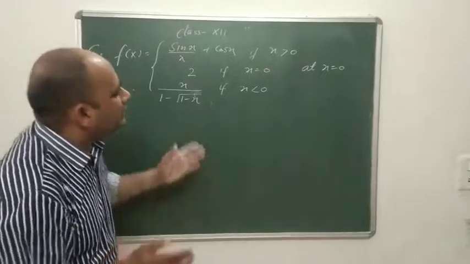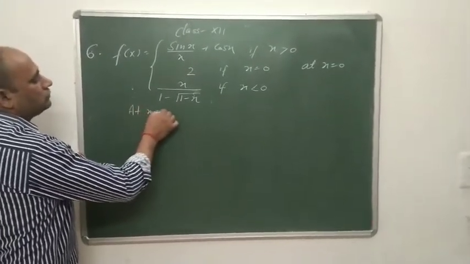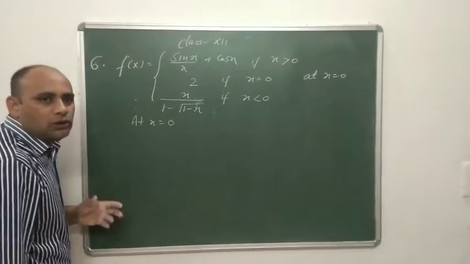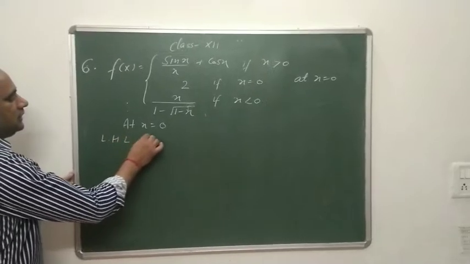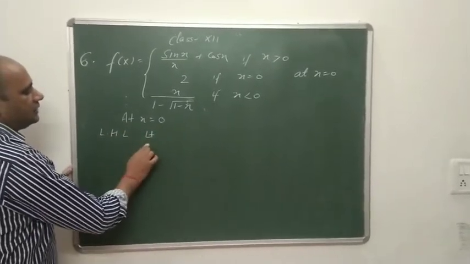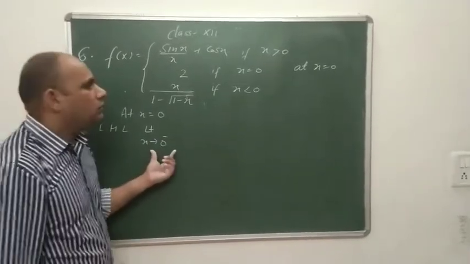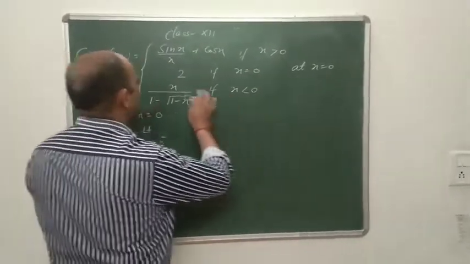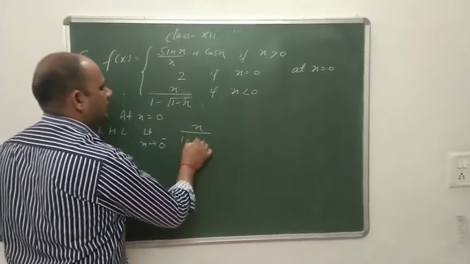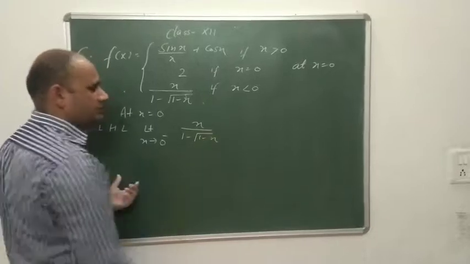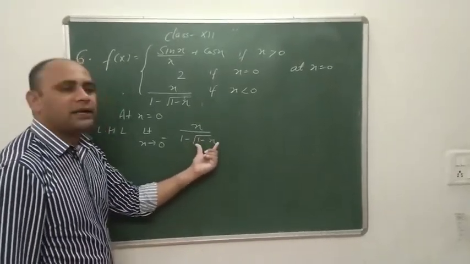So, my dear students, at x is equal to 0, left hand limit, meaning limit x tends to 0 minus, means less than 0. For less than 0 our function is x upon 1 minus root of 1 minus x.